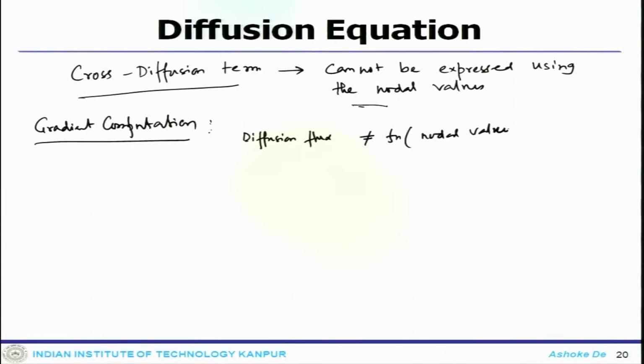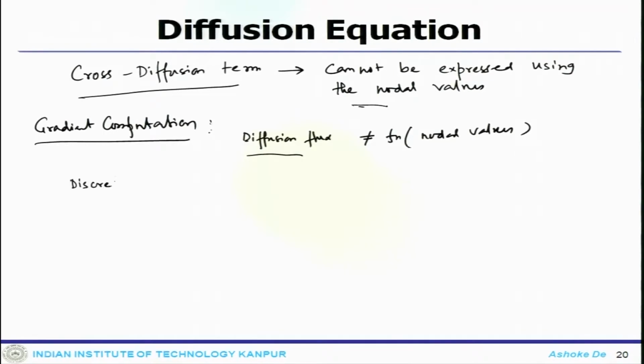That means the non-orthogonal system poses a challenge for engineers or scientists to get this computation done in a perfect fashion. So, it means the gradient has to be evaluated in order to incorporate the non-orthogonal contribution in the discretization system.